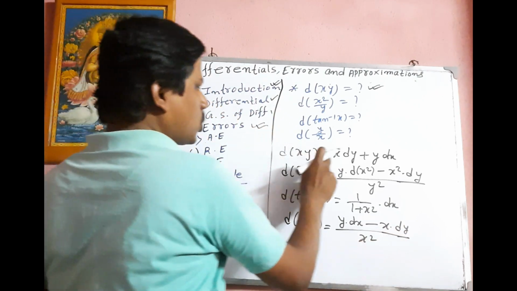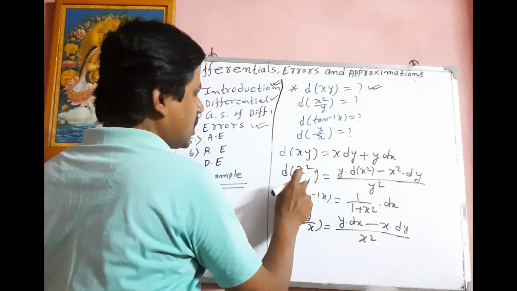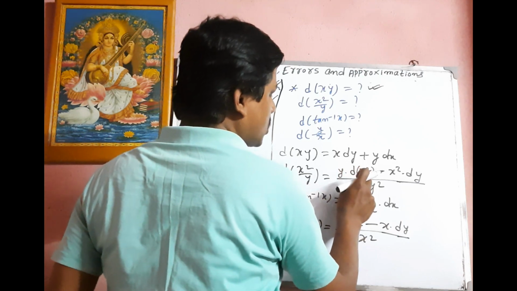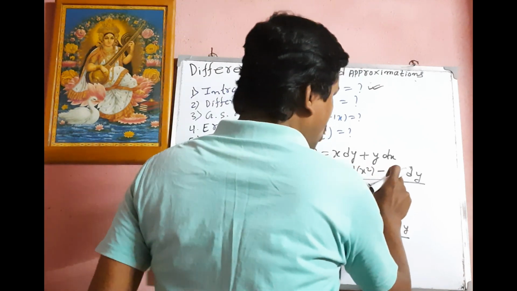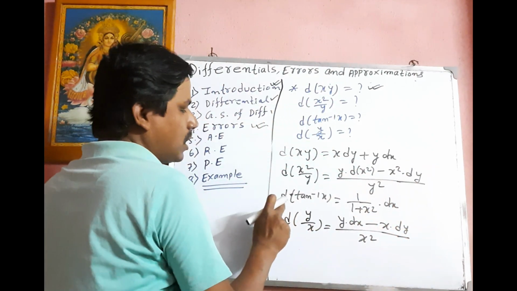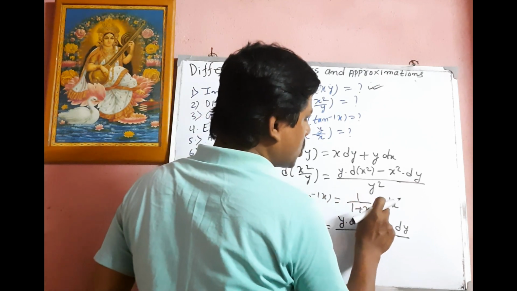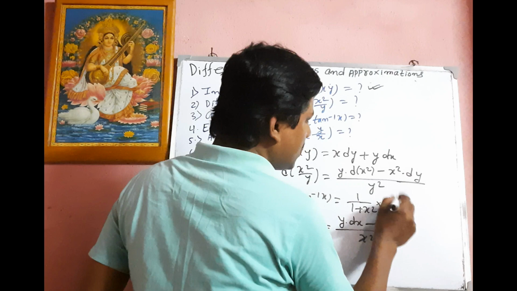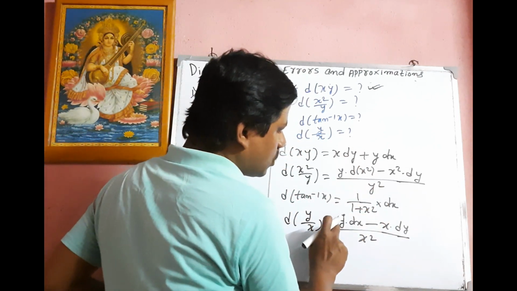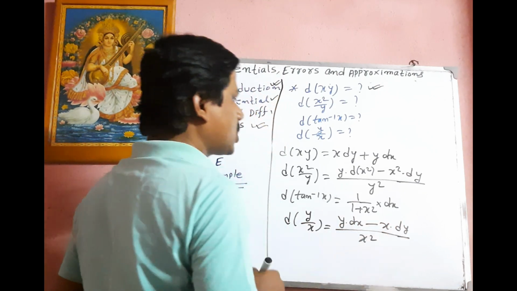So d of xy is equal to x dy plus y dx, and d of x square by y is equal to y into d of x square minus x square into dy, divided by y square, and d of tan inverse x is equal to 1 by 1 plus x square multiplied with dx, and d of y by x is equal to y into dx minus x into dy divided by x square.